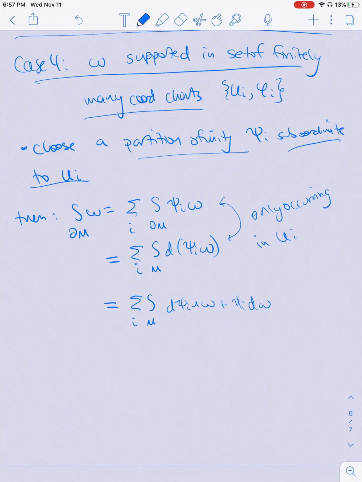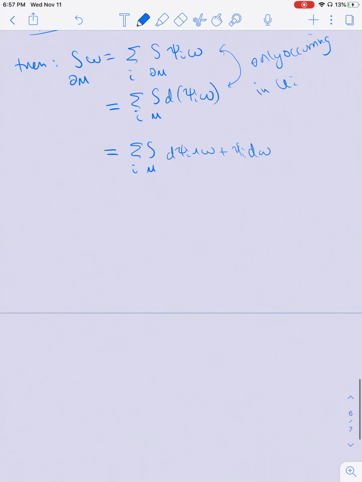And then I can rewrite this as the sum over i of the integral over M of d of psi_i omega. I can put the sum inside, so the integral over M of d of the sum over i of psi_i omega to deal with the first term, because d is linear and integration is linear.